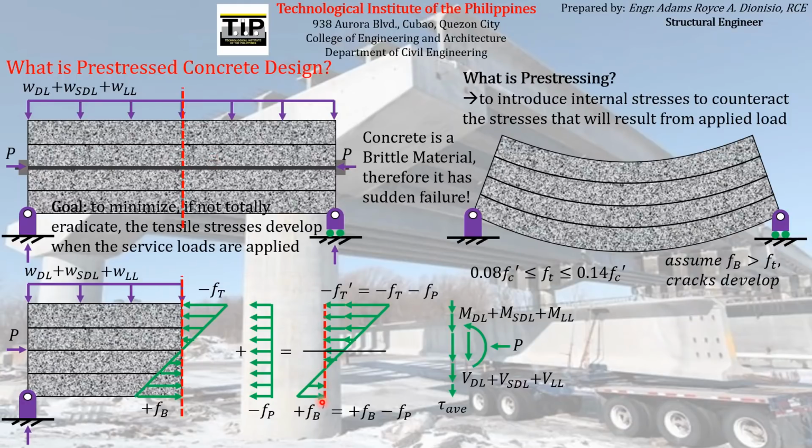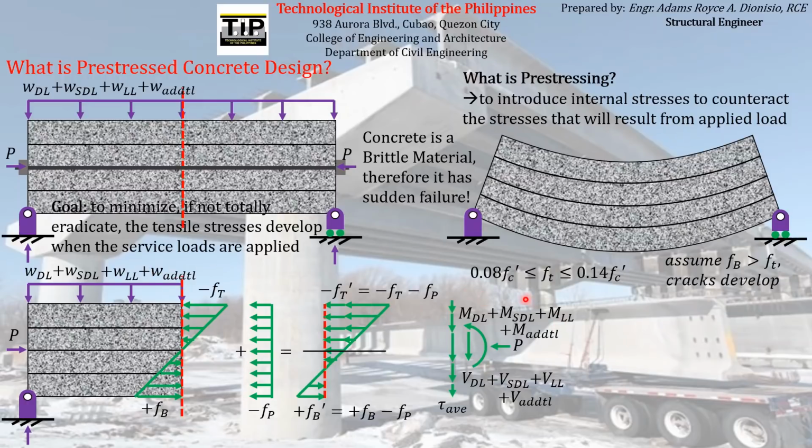Ibig sabihin, we can still apply additional load dito sa concrete beam. Assuring na kahit na mag-apply tayo ng additional load dyan, obviously, this stress will not approach the tensile strength of the concrete. Say for example, we have applied additional load here. Yan. So obviously, because we have applied additional load, there will be additional bending moment and shear force due to that additional load.